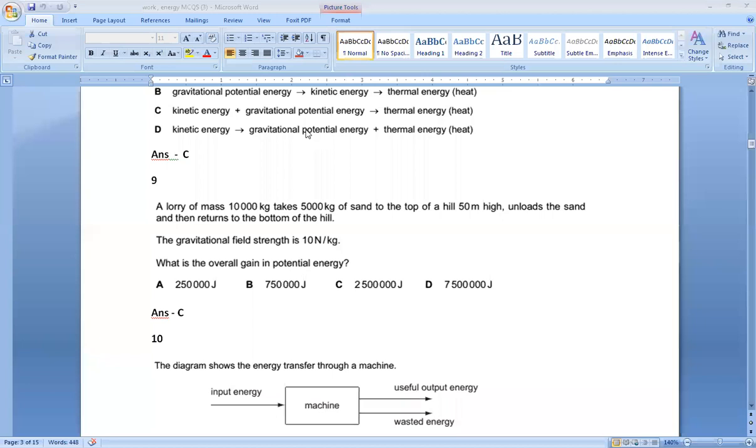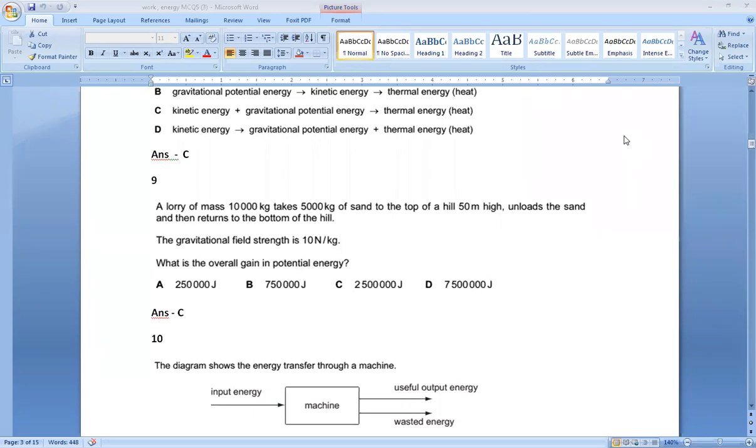The lorry, on reaching the top, gains potential energy, and on returning back to the ground, the lorry again loses the potential energy. So there is no gain in the potential energy of the lorry, only the sand gains the potential energy.